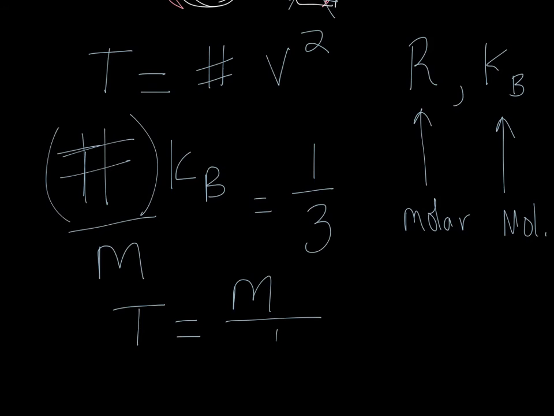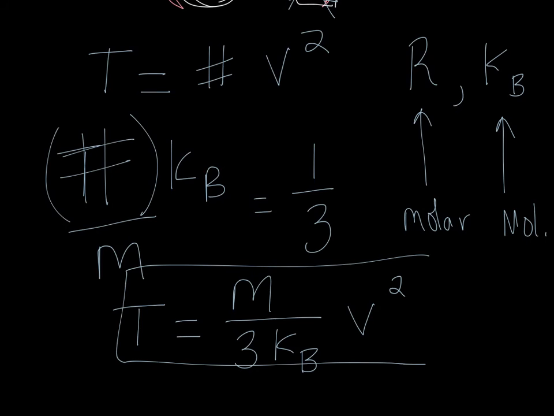The Boltzmann constant was multiplied through, so there's a Boltzmann constant down there in the denominator, and I was left with 1/3, and don't forget my independent variable, v squared. So I'm left with this really interesting little thing here: T is equal to m over 3 kb times v squared.